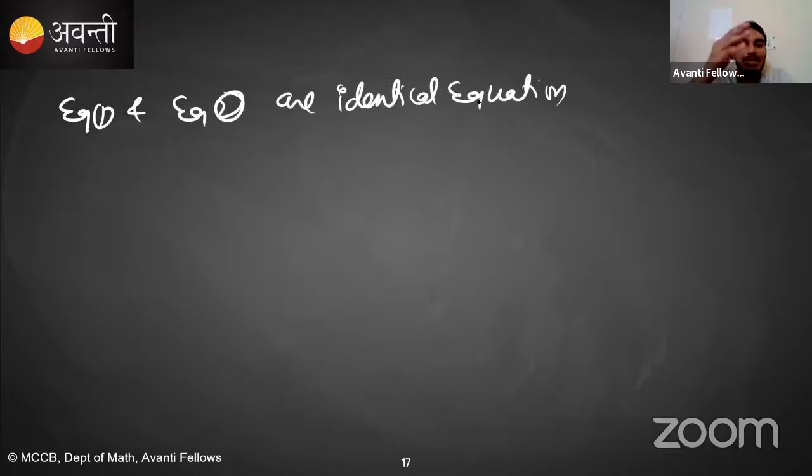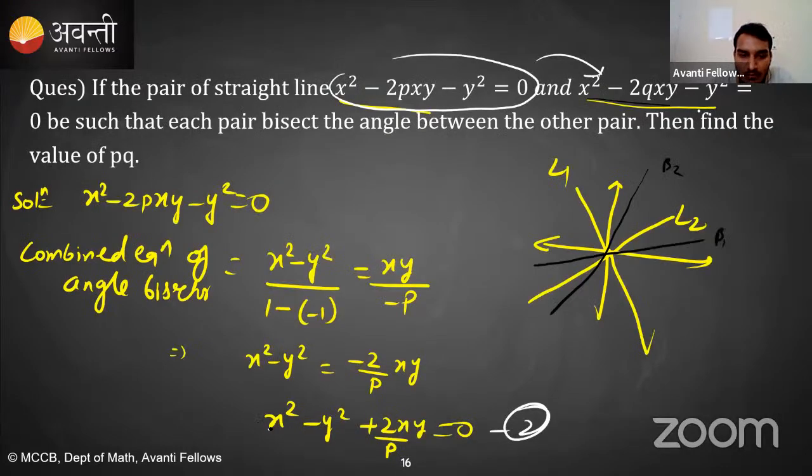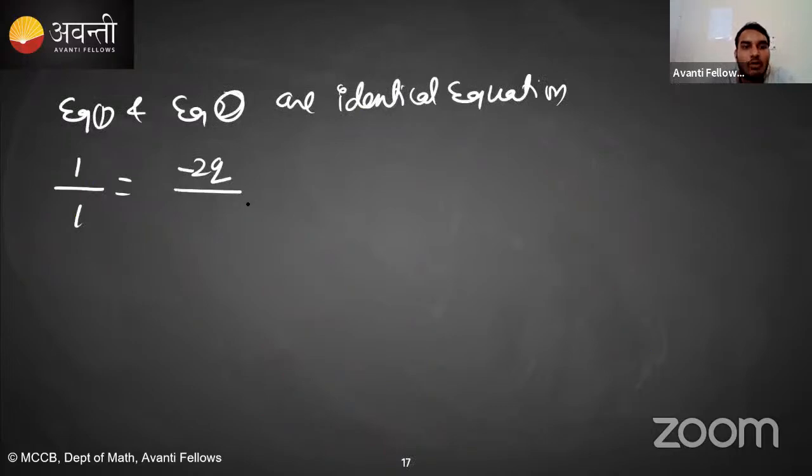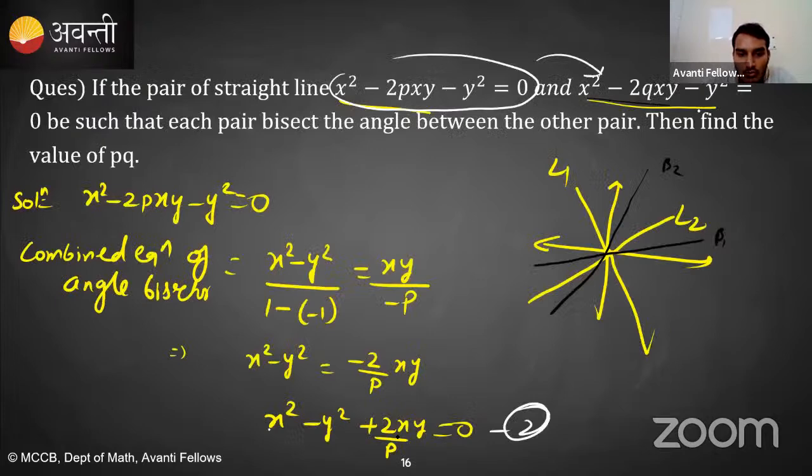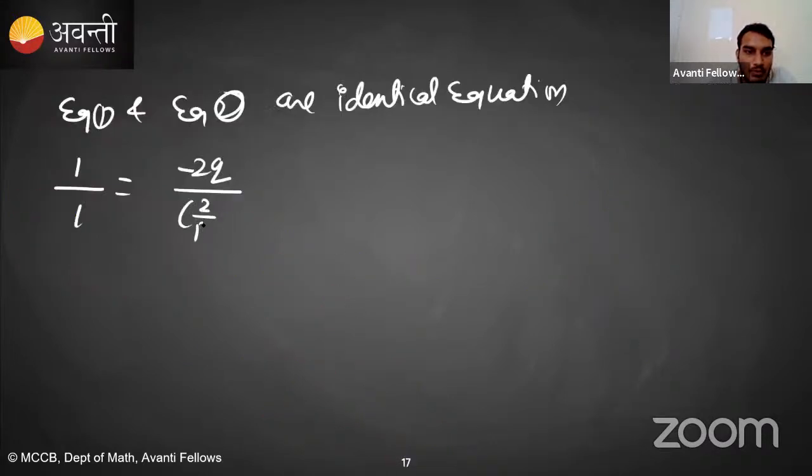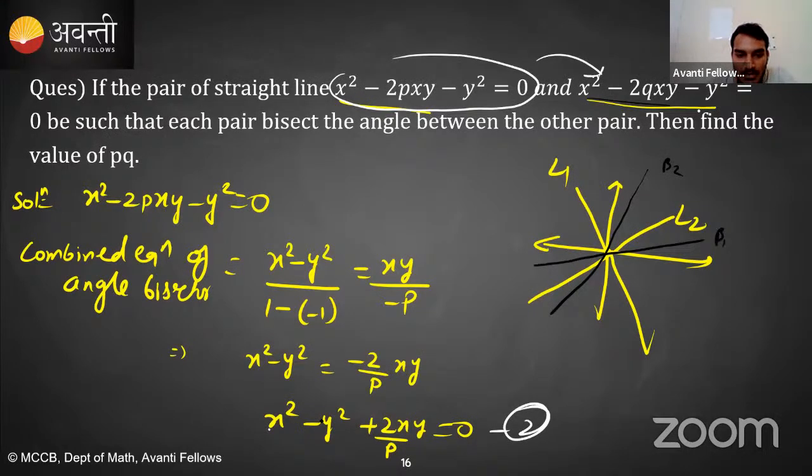In that case, the ratio of the individual coefficients should be equal. From equation 1, what is the coefficient of x square? 1. From equation 2, the coefficient of x square is 1, which equals the coefficient of xy in equation 1, minus 2q, over the coefficient of xy in equation 2, 2 upon p, which equals the coefficient of y square in equation 1, minus 1, over the coefficient of y square in equation 2, minus 1.